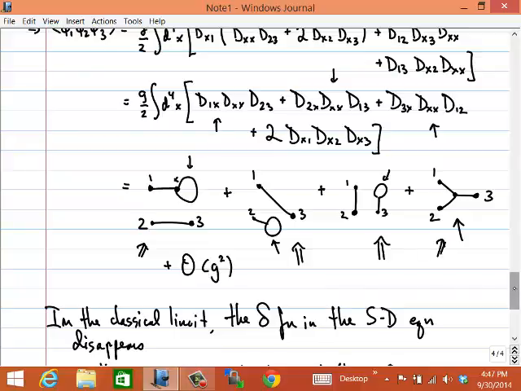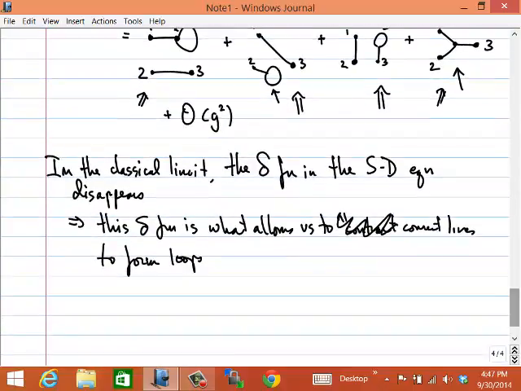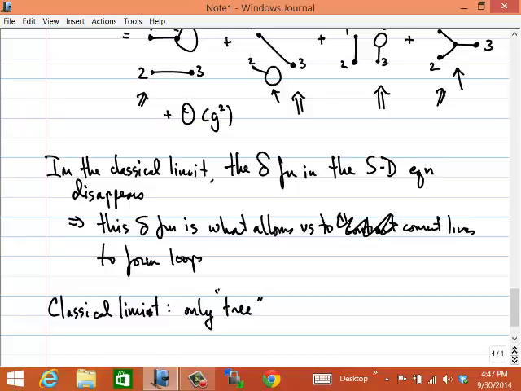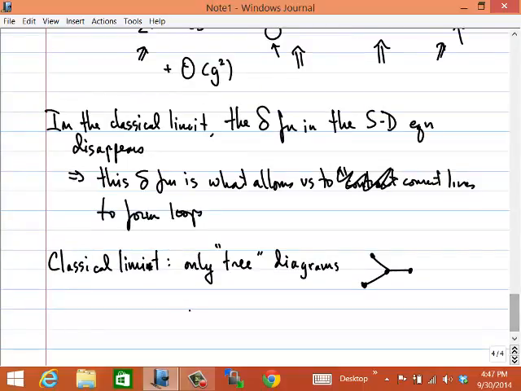And so this gives you a rule that you should keep in mind when you think about the interpretation of Feynman diagrams. In particular, in a classical theory, what you have are only tree diagrams. So diagrams of this sort, which contain no loops.